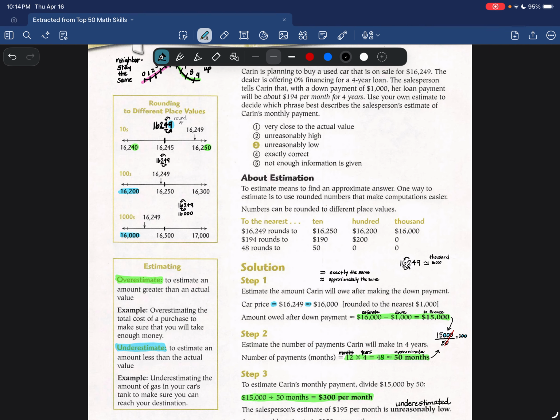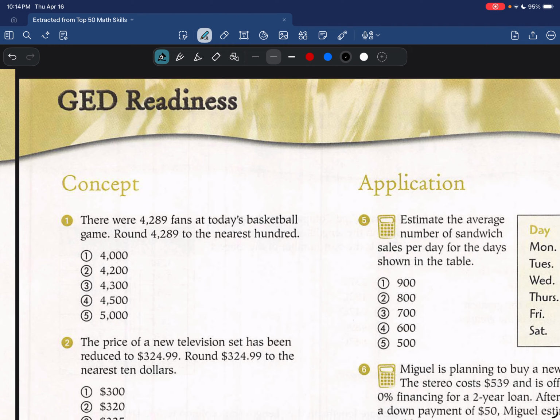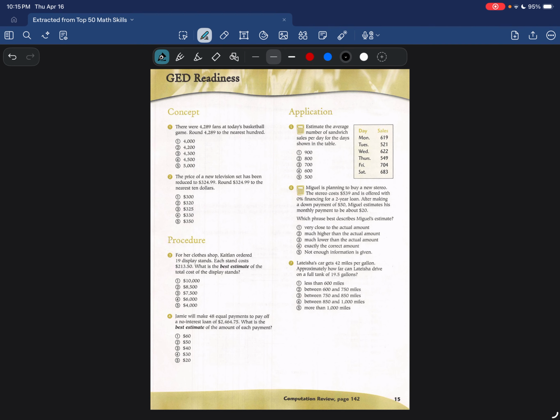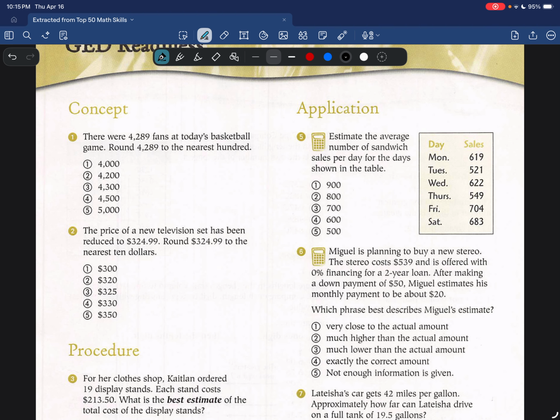Okay, so let's take a look at page 15 and practice some of the skills we've learned here. All right, so this is readiness for the GED test, and they give us different kinds of questions. The first two are called concept questions, where they're just testing my ability to understand the rounding rule.